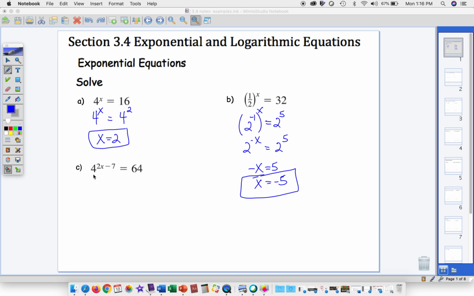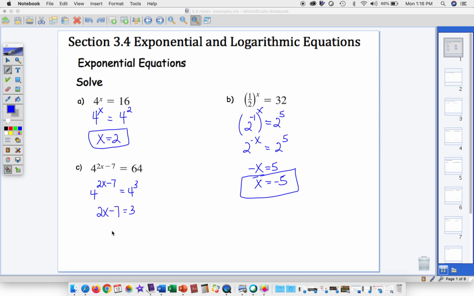Okay, over here we have a base of 4 and 64. 64 can be rewritten. Right, that's 4 to the 3rd power. And once I have that same base, set my exponents equal to each other.